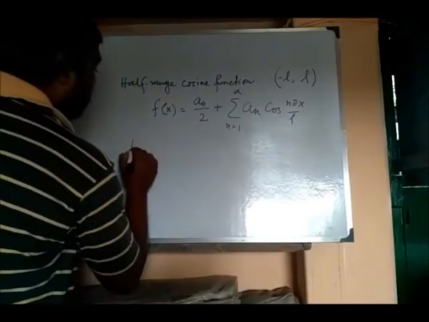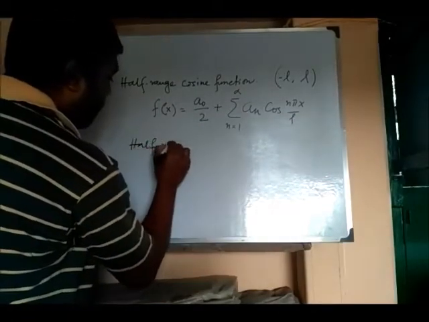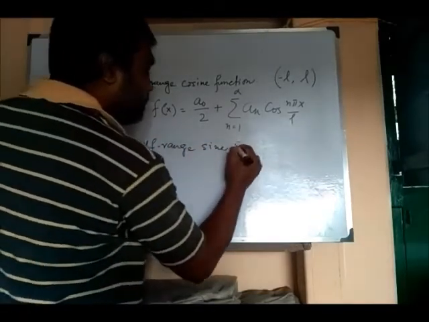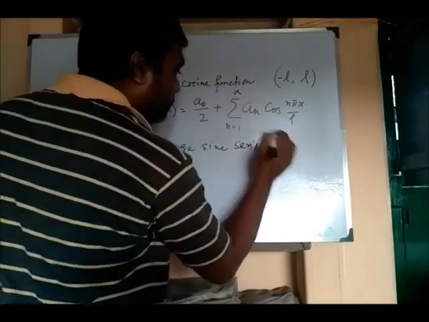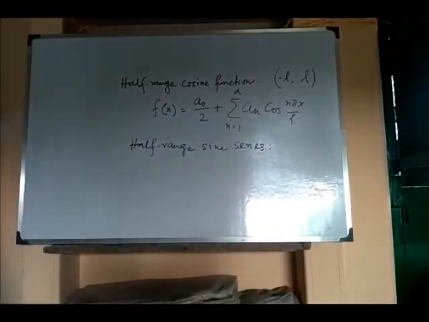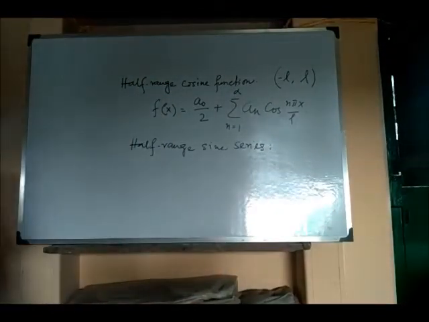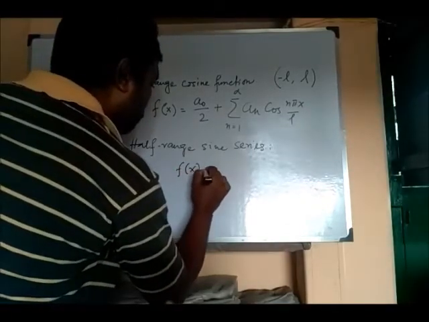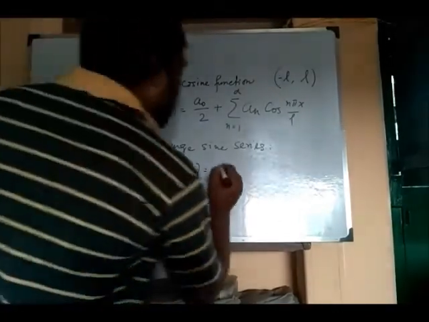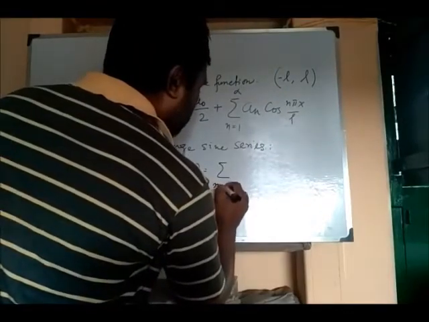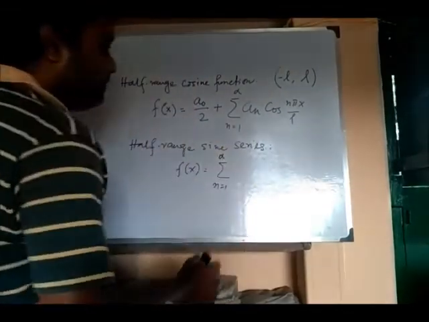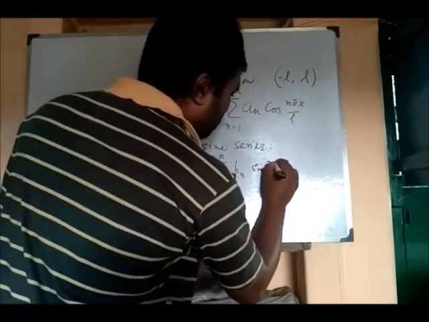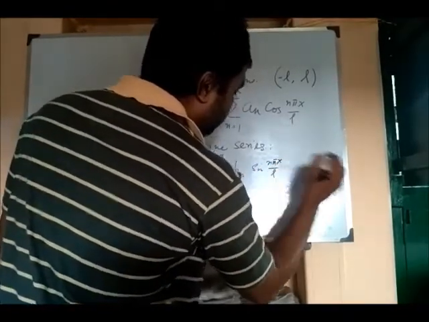Now, what is the half range sine series? Half range sine series is f(x) equal to the sum of n equal to 1 to infinity of bn sin(n pi x / L).